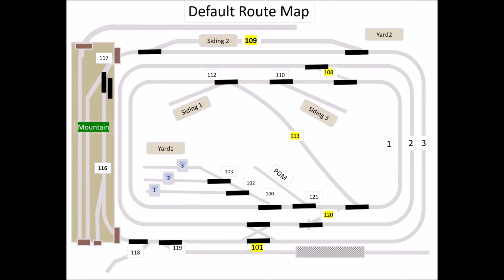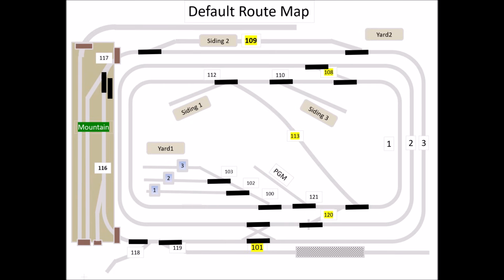So before we get to the last example, I wanted to mention a useful tool that I use. It's called the default route map. This just shows where the default switches, or turnouts, are when you bring the JMRI up. So by setting up a route like this, when you turn on JMRI and get ready for a session, you can hit this particular route and all these switches will go into a predefined state.